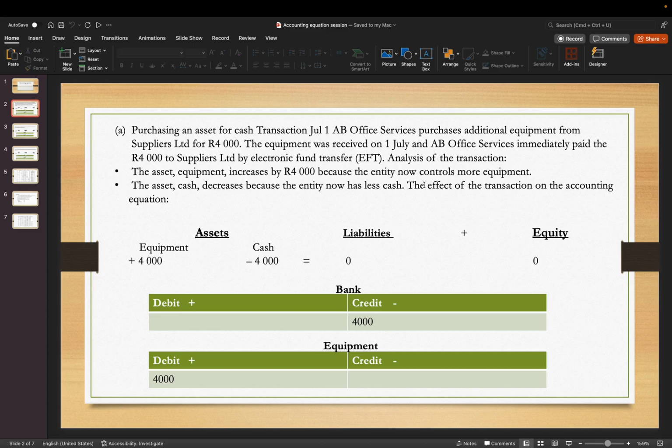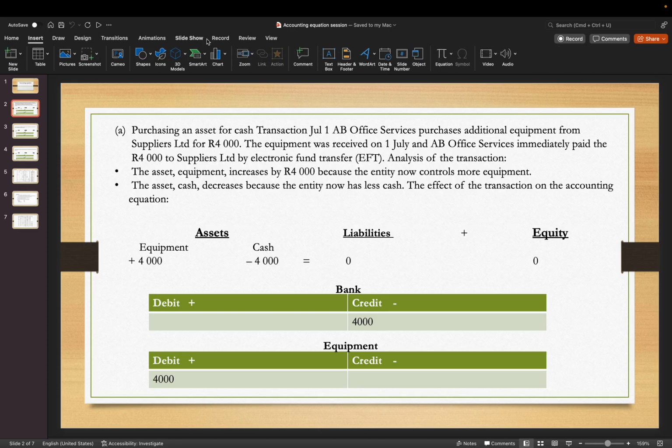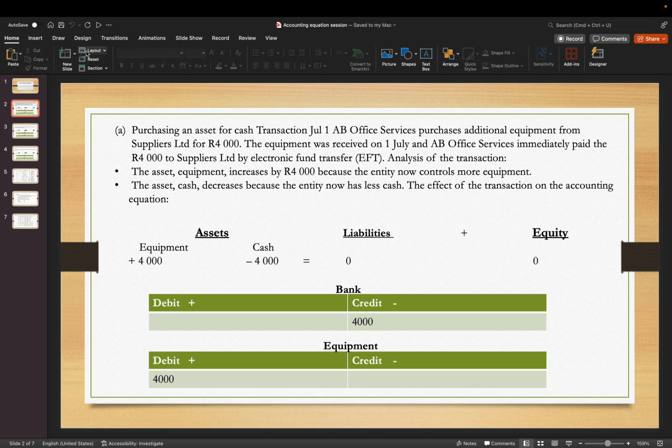I'll communicate. So Sia Ltd purchases an asset for cash. Remember cash, you know what's cash.